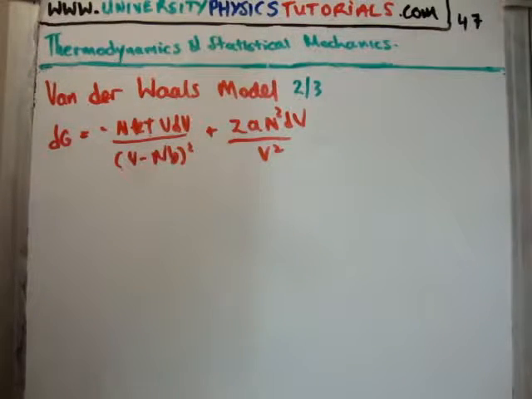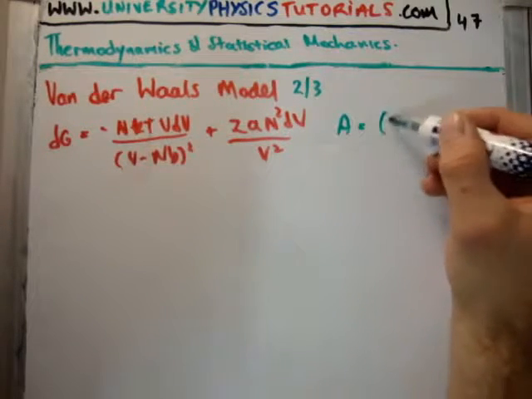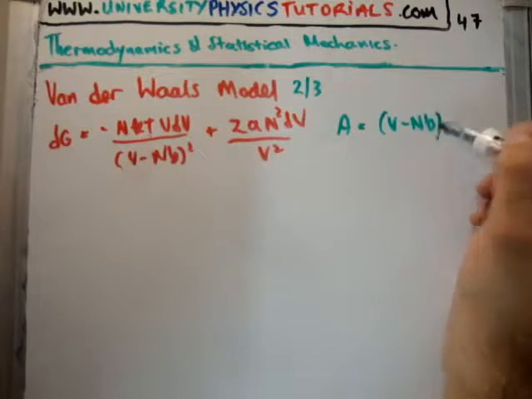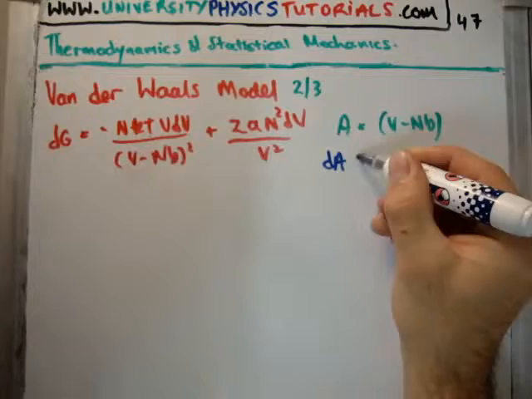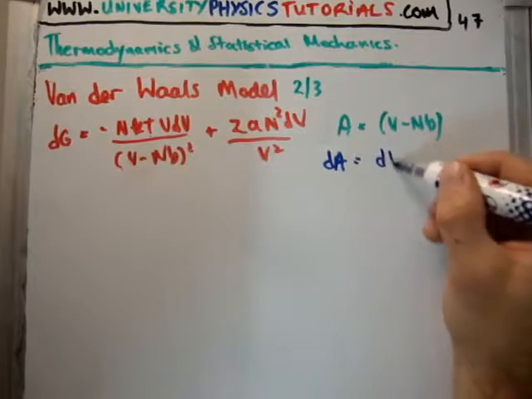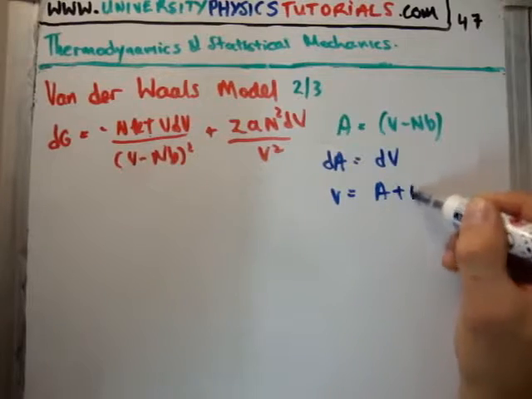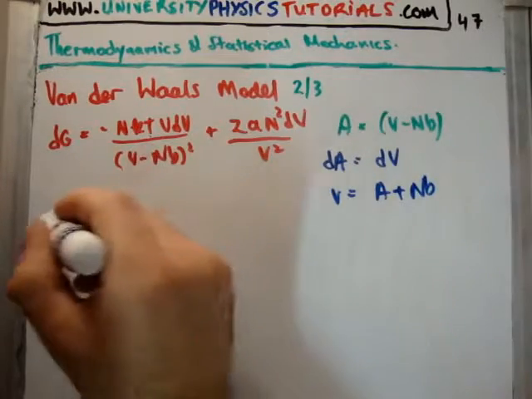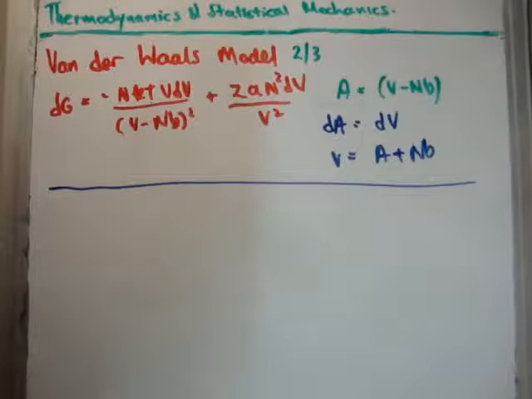Now the substitution which we have to make, I'm going to call it A, and it has to be V minus nB, or this is the one I'm going to suggest. It doesn't have to be. Of course you can do a number of different substitutions, but this means that dA is equal to dV, and it means that V is equal to A plus nB. Alright, now I'm not going to insult your intelligence. I'm sure you know how to do integration by substitution at this stage.